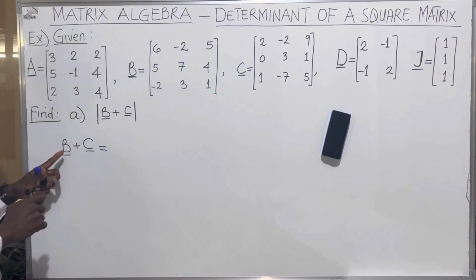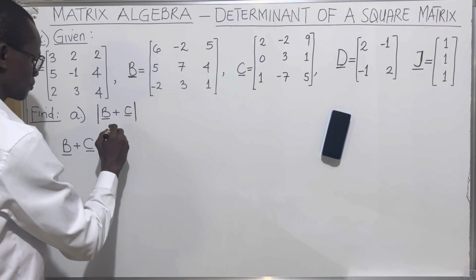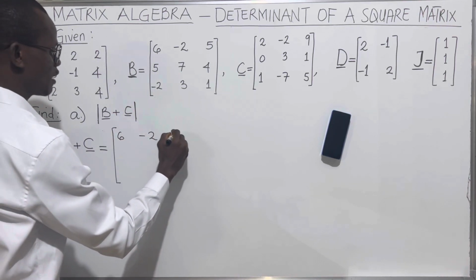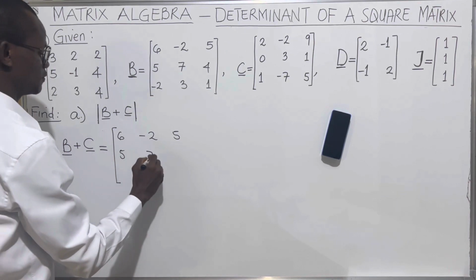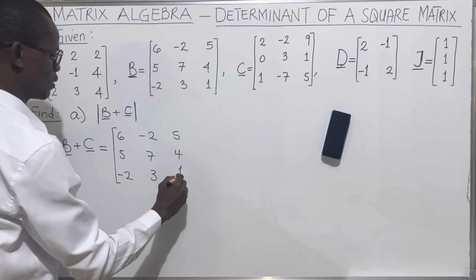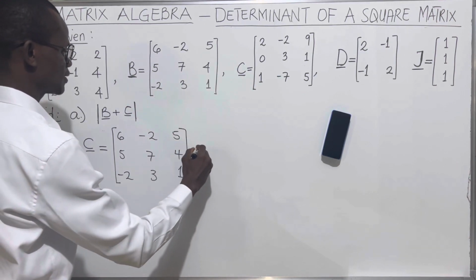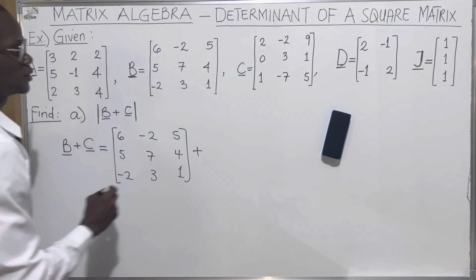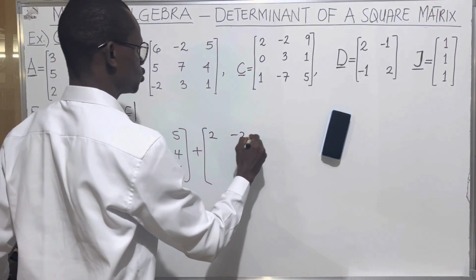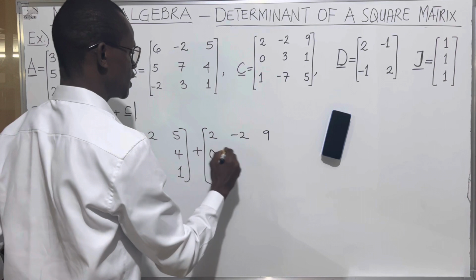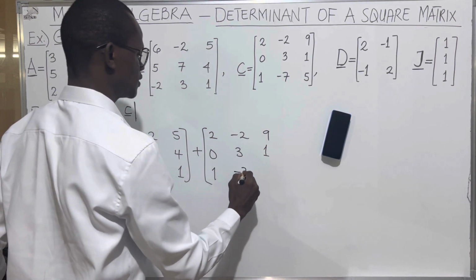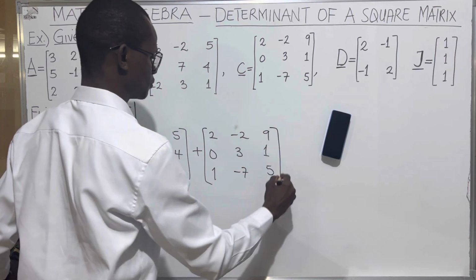We have matrix B, which is 6, minus 2, 5, 5, 7, 4, minus 2, 3, and 1. Plus matrix C. Matrix C is 2, minus 2, 9, 0, 3, 1, 1, minus 7, and 5.